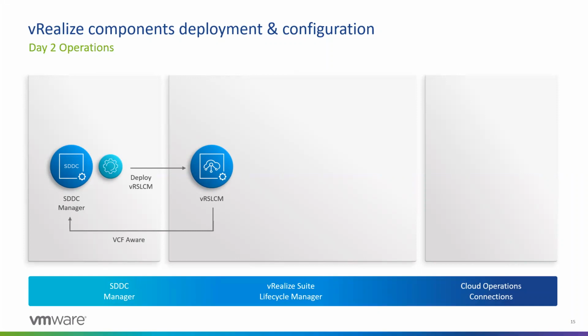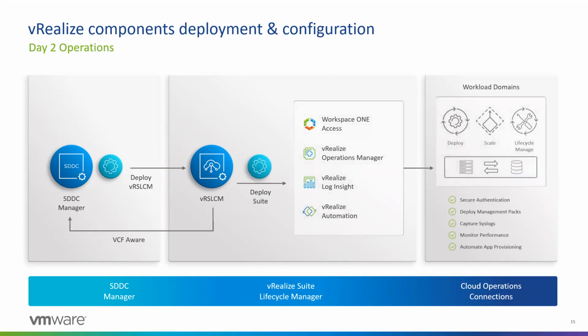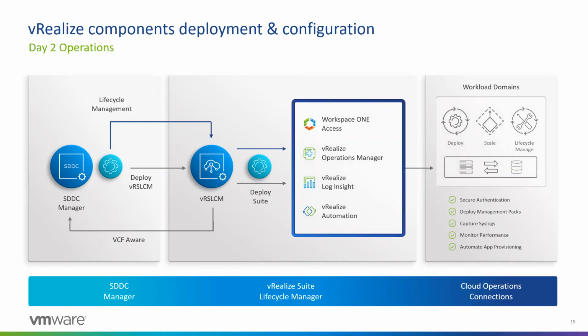Of course, we'll need to provide the IP address or the DNS, but the entire deployment will be done automatically. So you click deploy, go for a quick break. When you are back, vRealize Suite Lifecycle Manager is deployed, and you can further deploy other vRealize components, Operations, Log Insight, Site Recovery Automation, and they will report back to SDDC Manager. So SDDC Manager is aware of them.